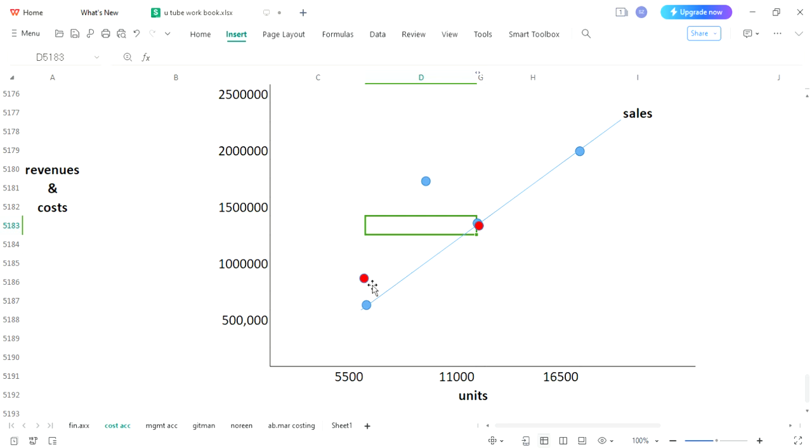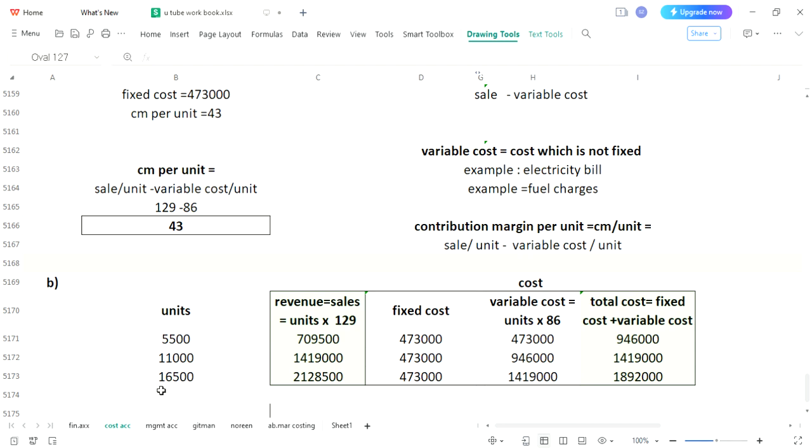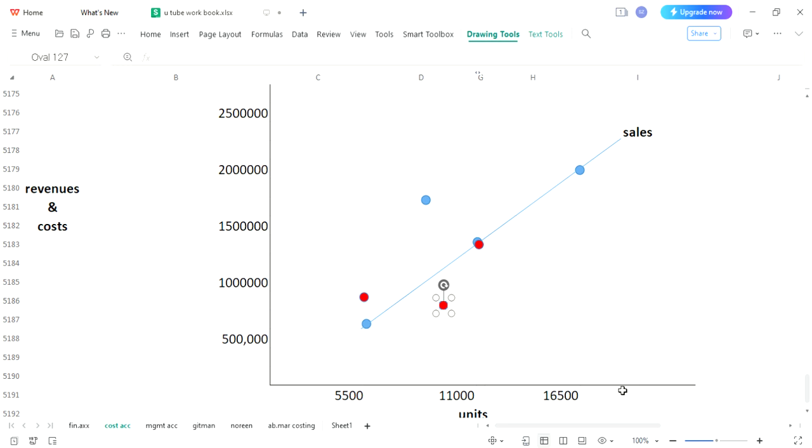Our next procedure is to put our next point. Let's go back. For the last point, 16,500 are the units and your total cost is 18 lakh 92,000. So come over here, 18 lakh.